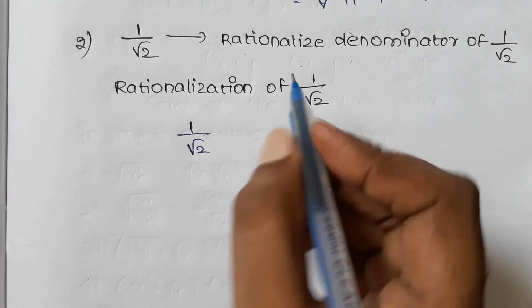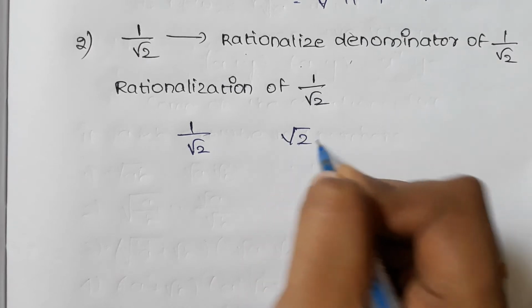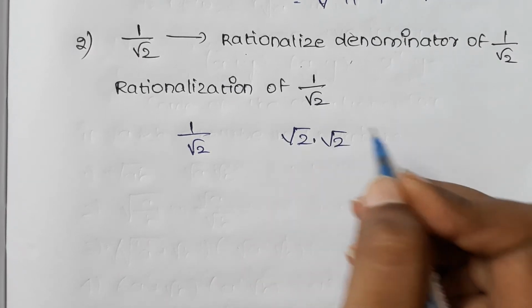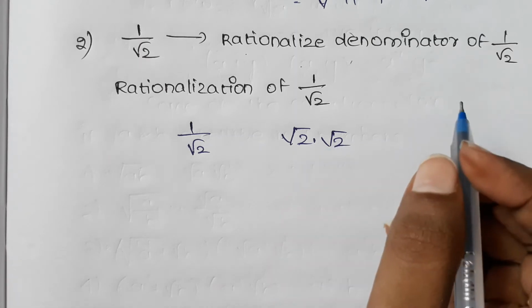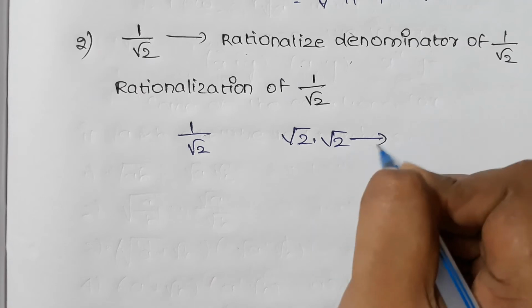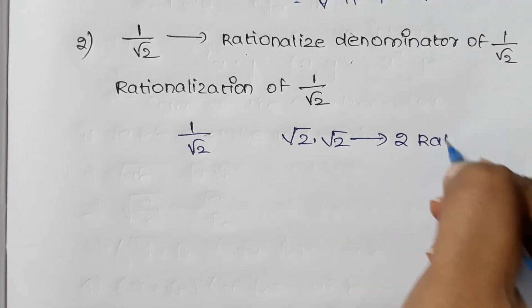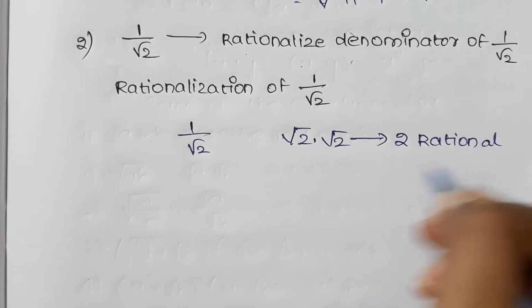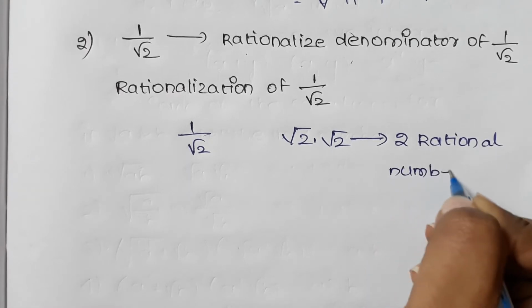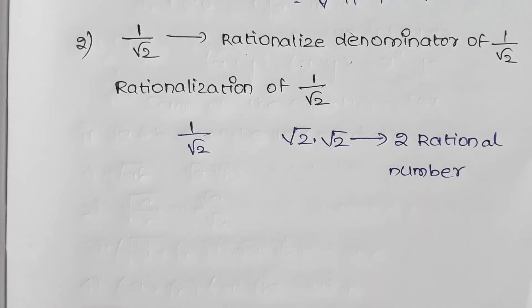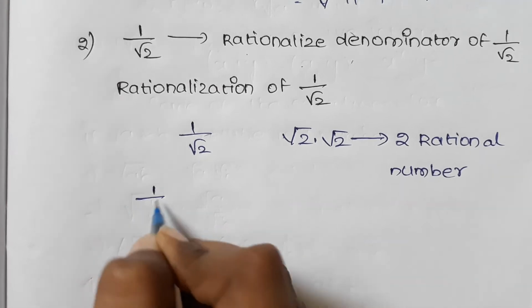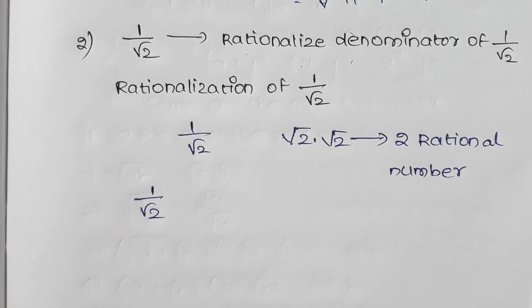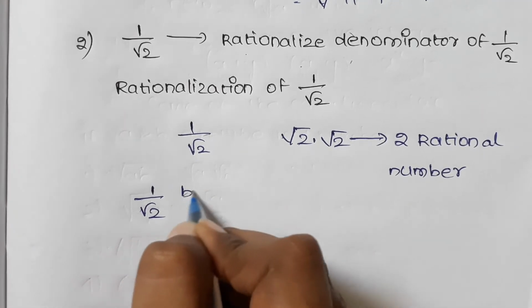Here we know already, as we saw in examples, that root 2 into root 2, these two are irrational numbers. When we multiply two irrational numbers, we will get 2, that is a rational number. So similarly, we should do this by using rationalization, that is 1 by root 2 to be rationalized by root 2.